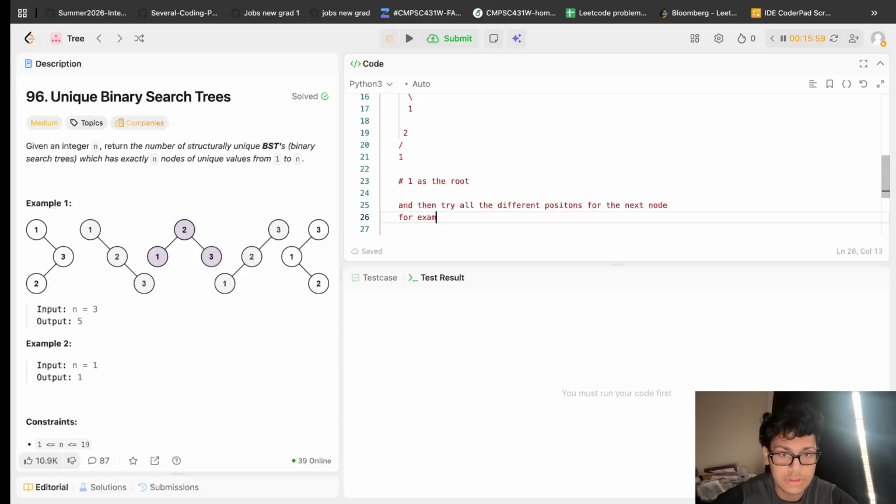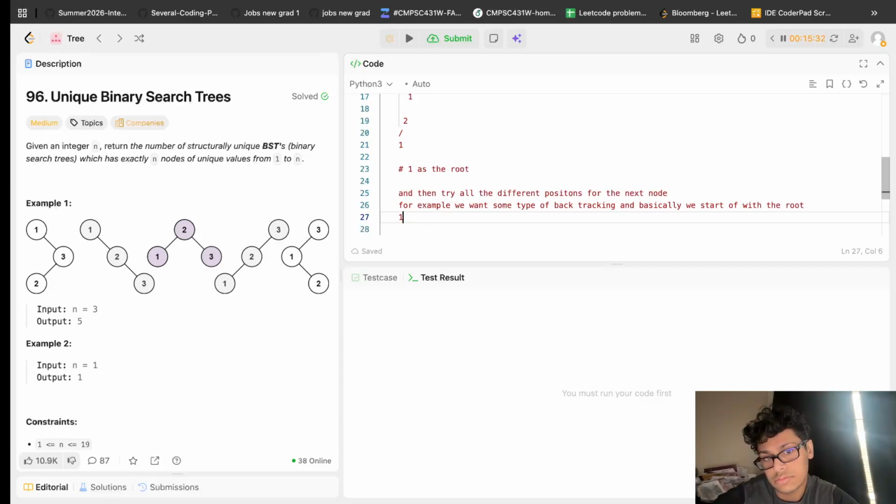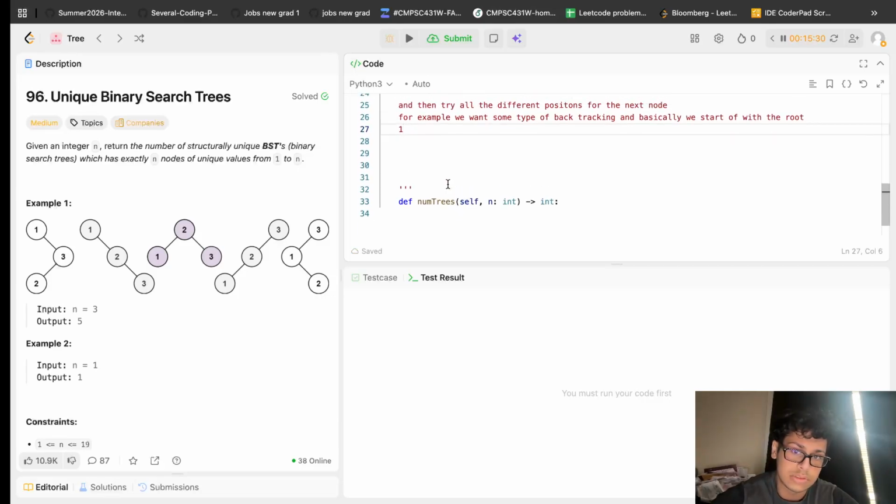For example, we want to do some type of backtracking, and basically we start off with the root 1.